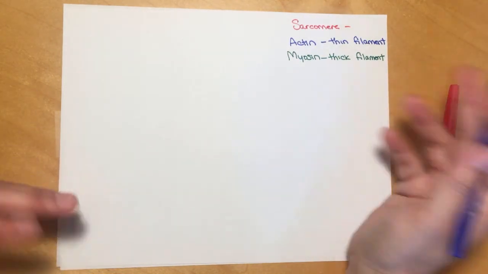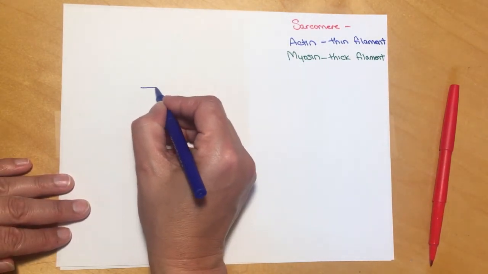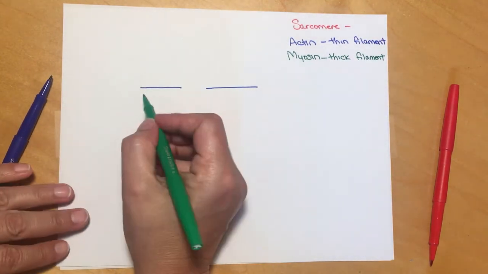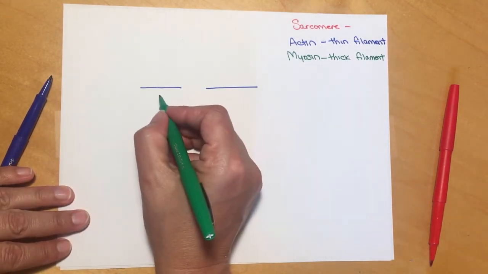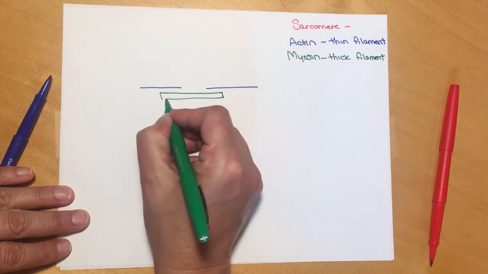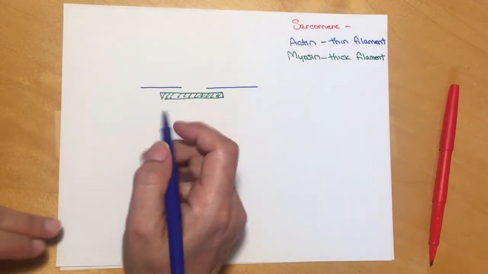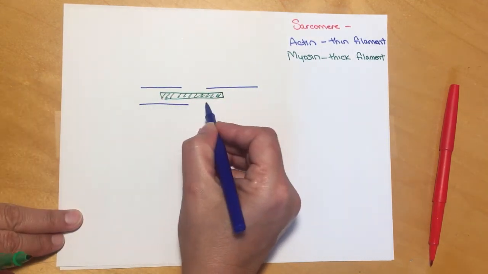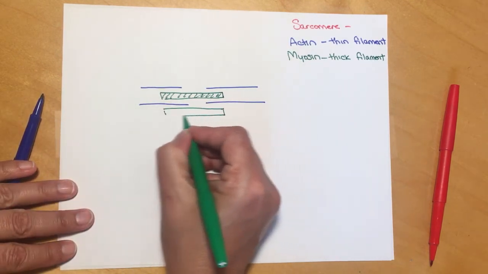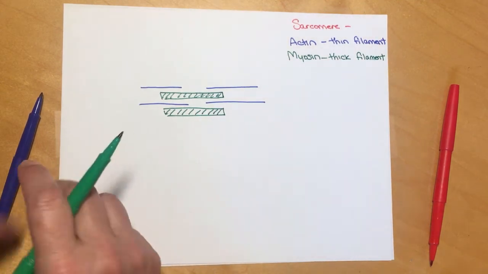Myosin is the thick filament, so it's the other one. And the way this works is you have a thin filament, actin, and then a thicker filament, myosin, and then another thin filament, and then a thick filament of myosin.